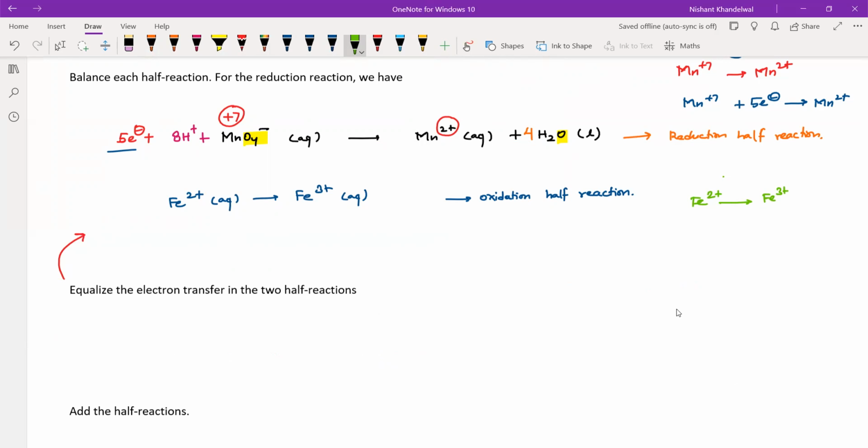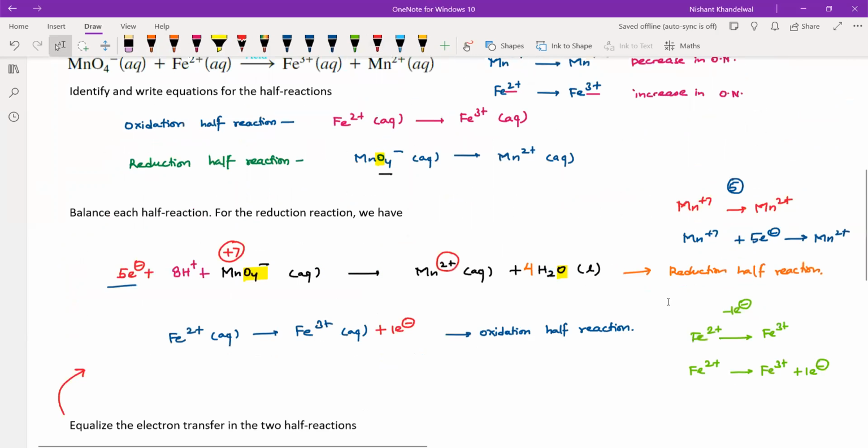So I can say there is a loss of 1 electron, and I can write this equation as Fe2 plus giving Fe3 plus plus an electron. I have to add the charge on the side which is deficient. Now it is balanced with charge.